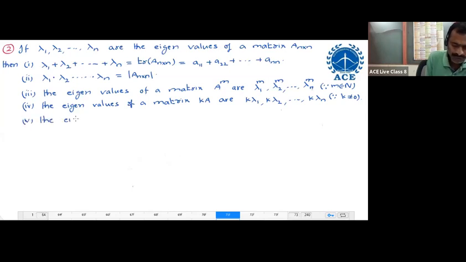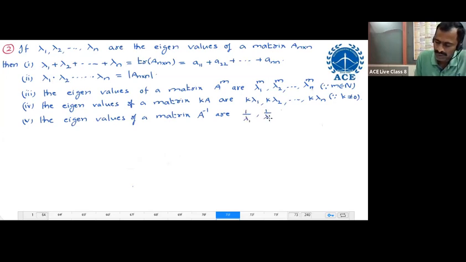Next, the eigenvalues of a matrix A inverse are 1 by lambda 1, comma 1 by lambda 2, and so on, comma 1 by lambda n, since determinant of A not equal to 0.